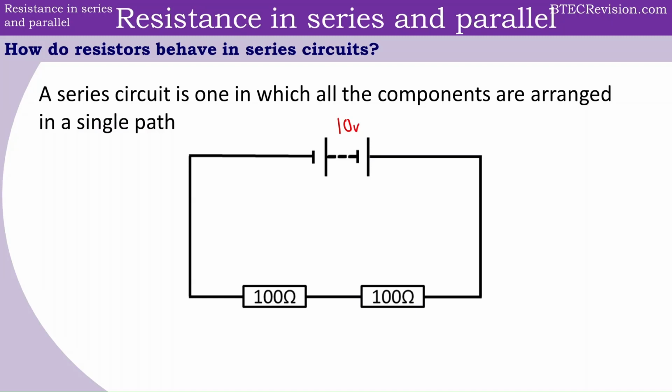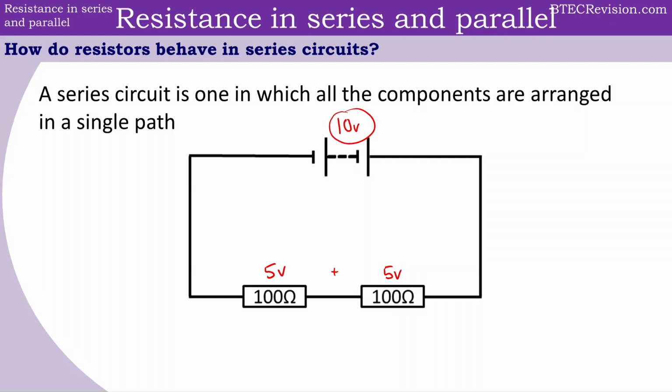Now, this voltage is going to be shared, in this case equally, because the resistances are equal. Therefore, the resistor on the left will receive 5 volts and the resistor on the right will also receive 5 volts. If we add these together, that would give us 10 volts, which is the voltage of the battery.